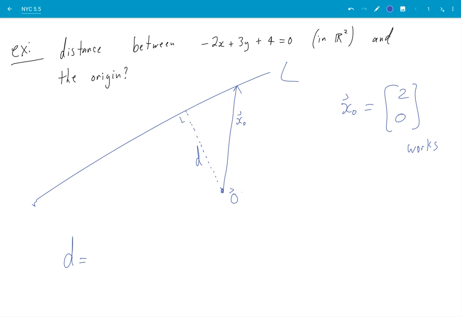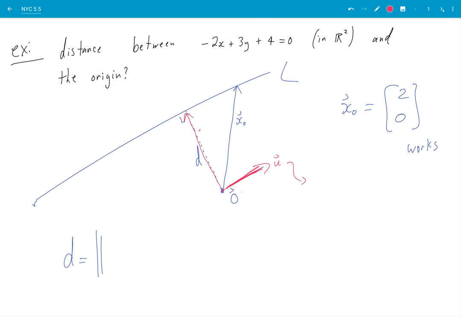So d is, well, I gotta be a little bit careful because this vector here is, well, I don't know. I don't have it. But what I do have is a direction vector, where I can get a direction vector for the line, which we'll call u. So that's something that's parallel to the line.